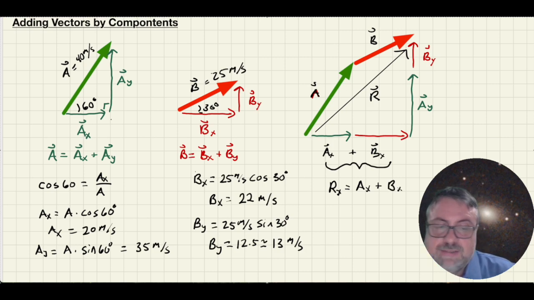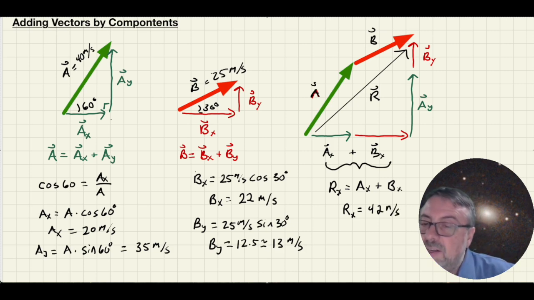Well, Rx, that means I know what Ax and Bx are. Bx was 22 and Ax was 20. That means the x part of my answer, Rx, is going to be equal to 42 meters per second.